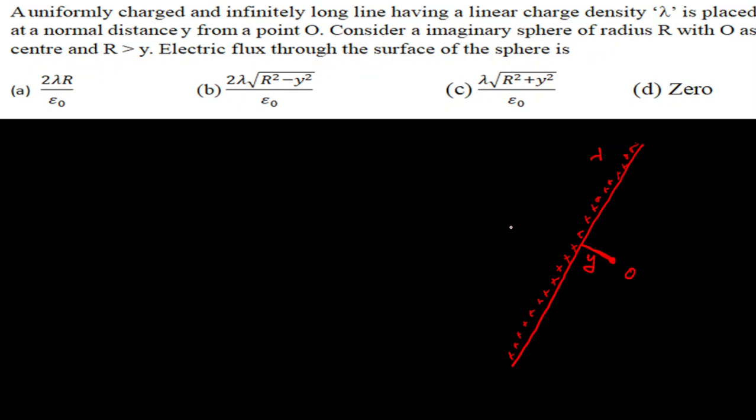Okay. Now what has been asked? Consider an imaginary sphere of radius r with O as a center. So now we have to imagine a sphere. The center will be at point O, and the radius of this sphere will be capital R, where capital R is greater than y. So we can draw it like this: this is the center and this is the radius of the sphere.